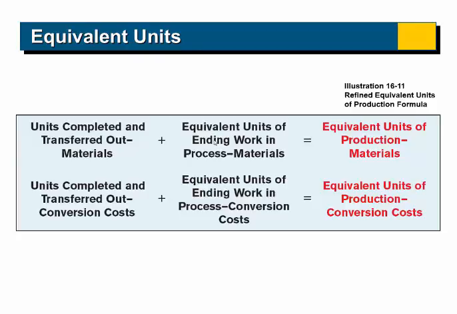This can be more involved. But hopefully every single homework problem and test problem that you're going to see is going to use 100% of materials when the items are placed into production. All right, so calculate that number, add the two together, and that's the equivalent units of production as to materials.